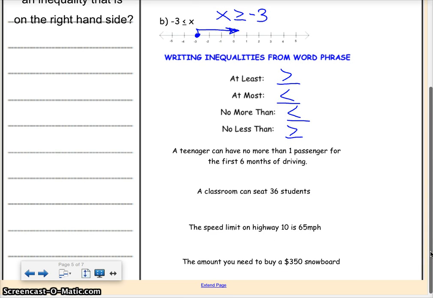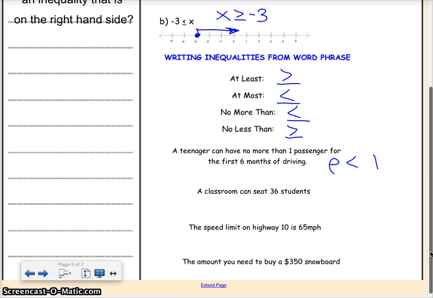True story, a teenager can have no more than 1 passenger for their first 6 months of driving. So can I have more than 1 passenger or less than 1 passenger? Less. I can't have more because I'm just learning how to drive by myself without an adult. I have to have less than 1 passenger.